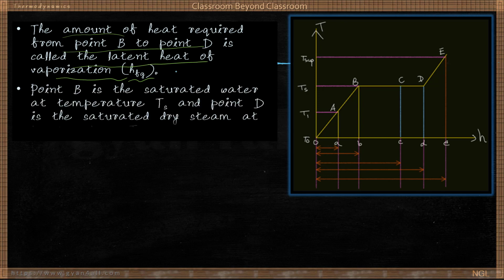Just now we have explained this. Now point B is saturated water at temperature Ts, and at the same time point D is saturated dry steam, also at temperature Ts.